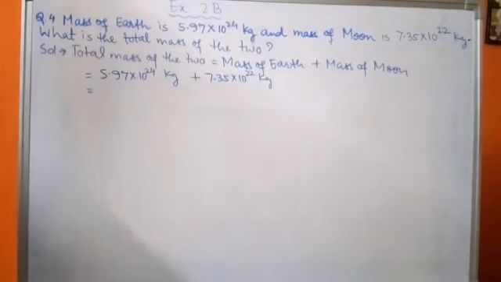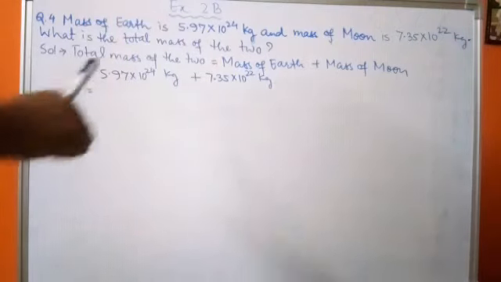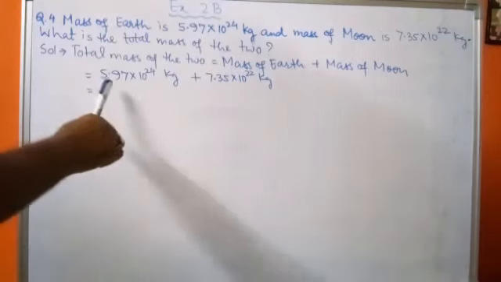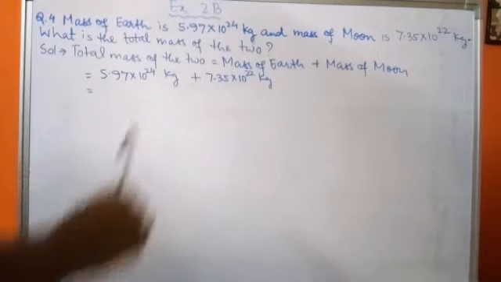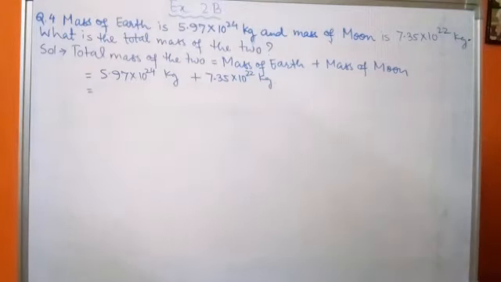Dear student, here we see two different powers of 10. One is 10 to the power 24 and another one is 10 to the power 22. Hence, the sum of these two numbers is not possible without making them equal powers of 10.